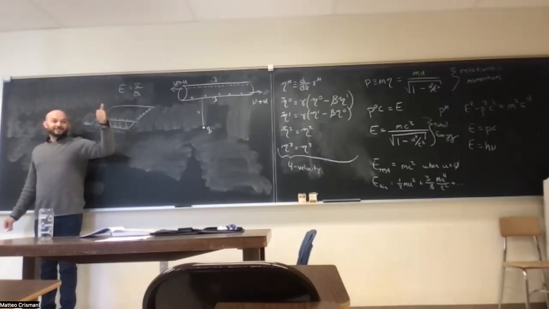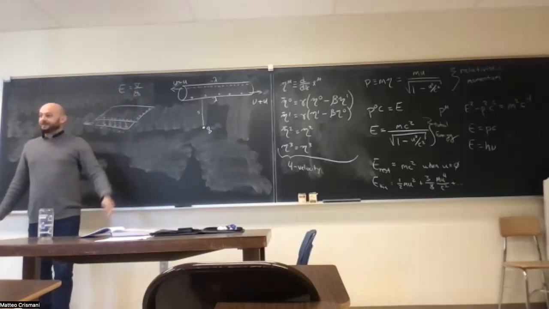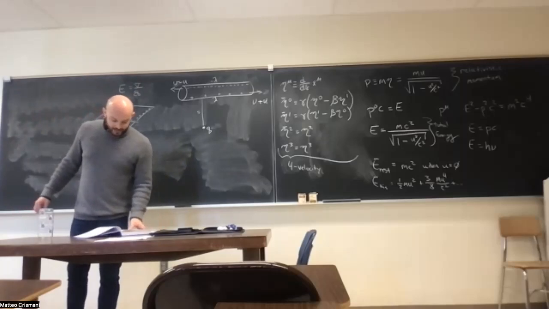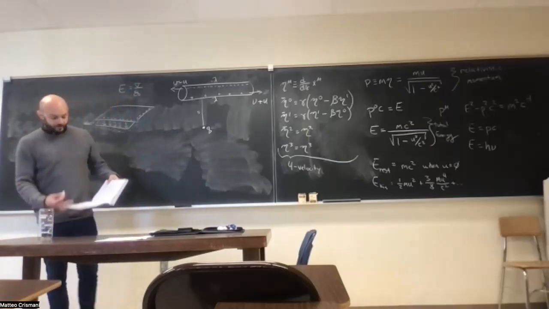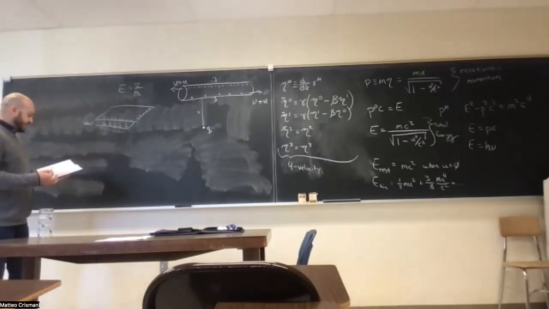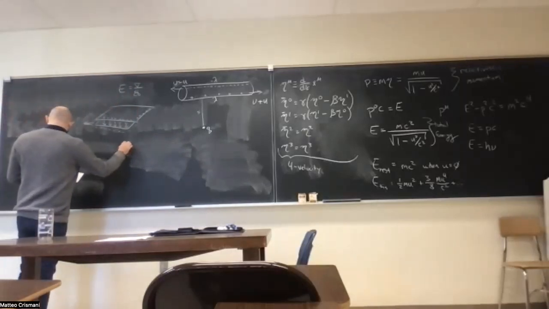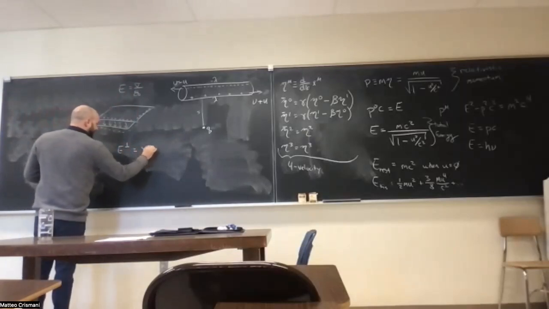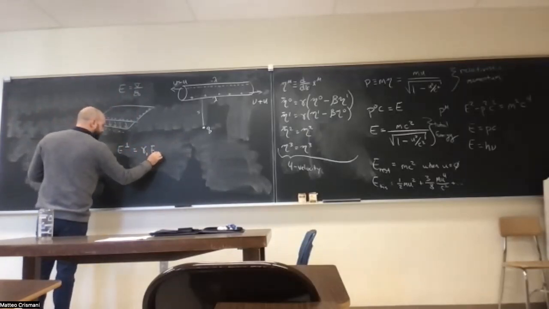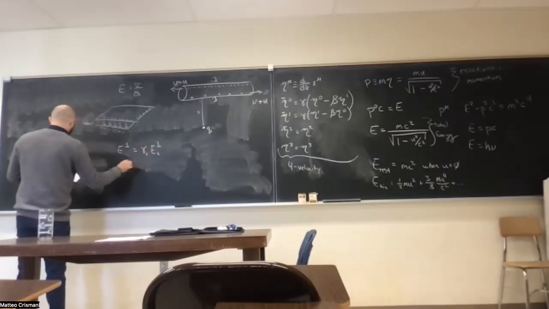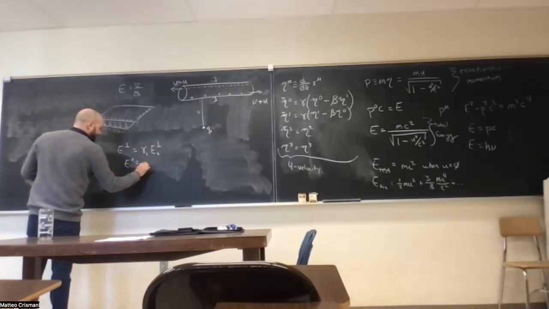Also, the field gets more intense. So in fact, only the component of the field perpendicular changes, and we can say something like E perpendicular equals gamma times E naught perpendicular, whereas E parallel stays E.